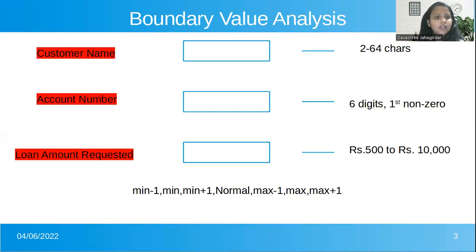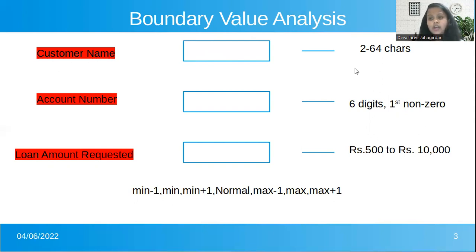For an example, consider a bank account, right? A customer name should contain 2 to 64 characters. If I try to enter a single digit here, it won't accept. It will throw me an error because the minimum value is 2 and the maximum value is 64.